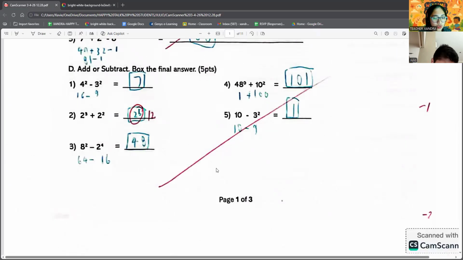Okay. Let's try to do this one. Let's proceed now. If this is addition and subtraction, the next operation is what?